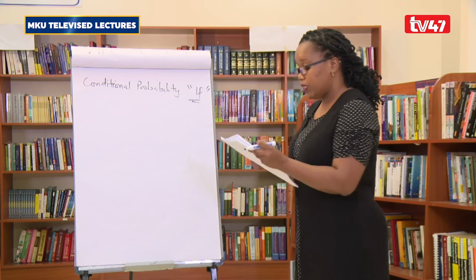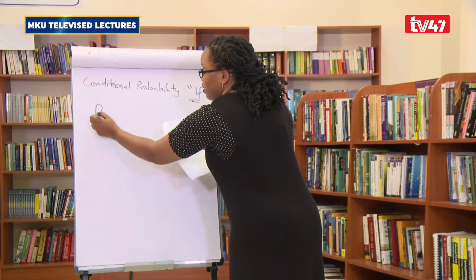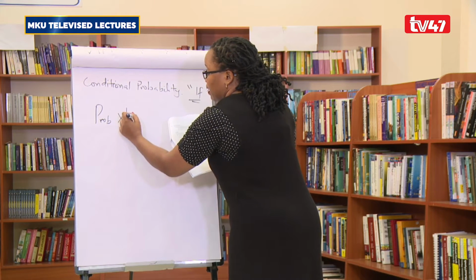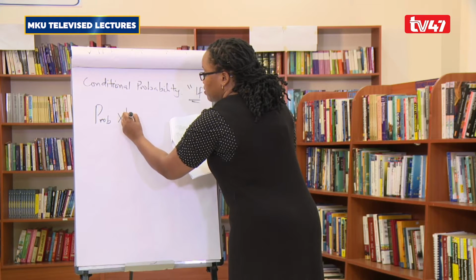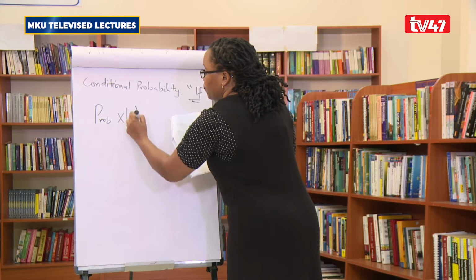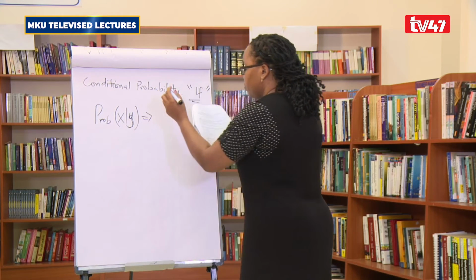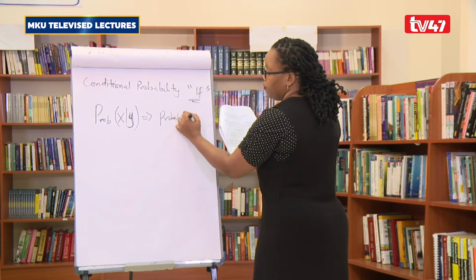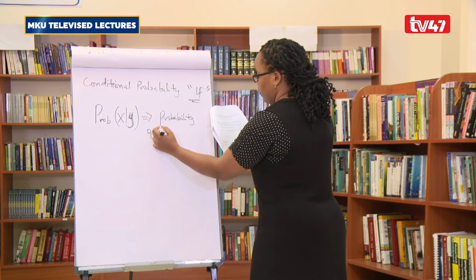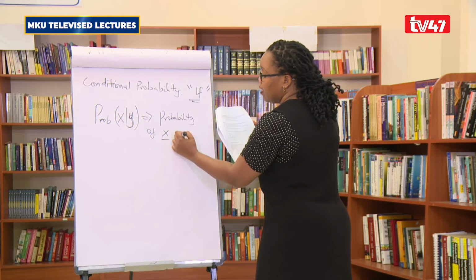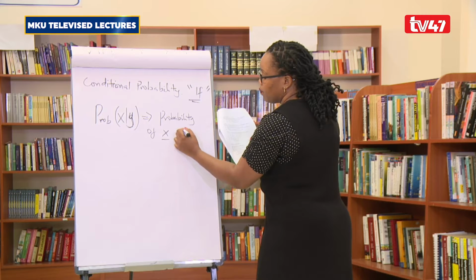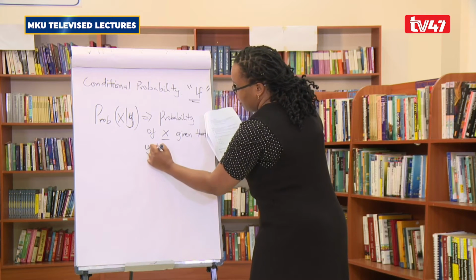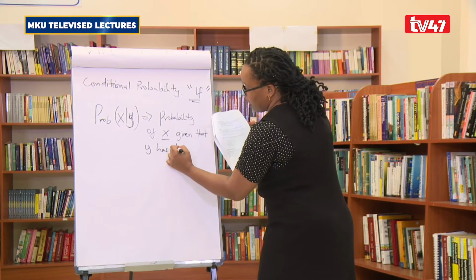Mathematically, we can represent it as probability, x given y, which we read as probability of x, okay, given that y has already occurred.